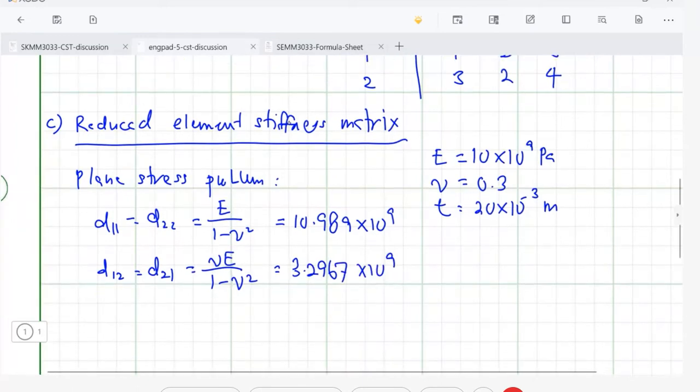And lastly, D33 is just E over 2 times 1 plus mu, which you calculate should be 3.8462 times 10 to the power of 9.